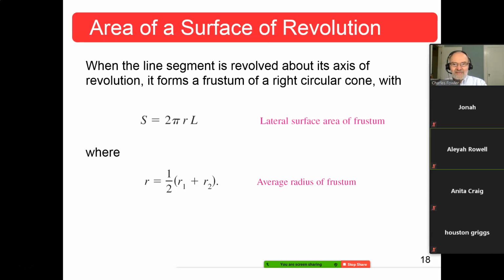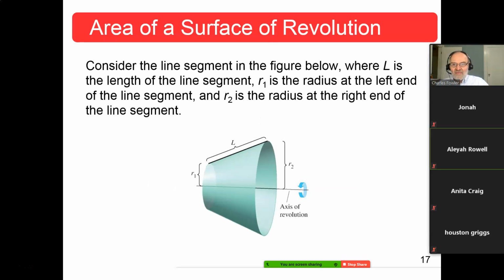Now, that's the lateral surface area of a frustum, where the R there is exactly half the average between the R here, R1, and R2. So basically we add R1 plus R2, divide by 2, and that gives you R right in the middle, okay?